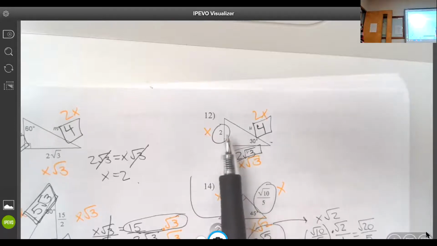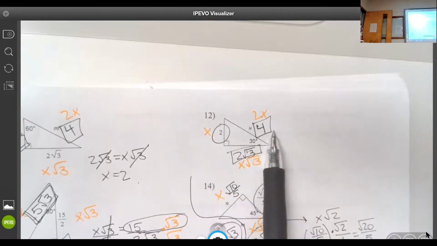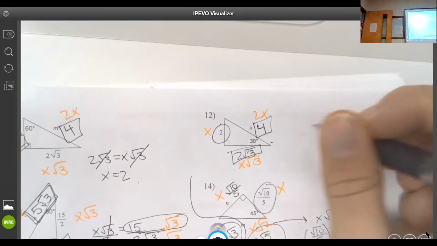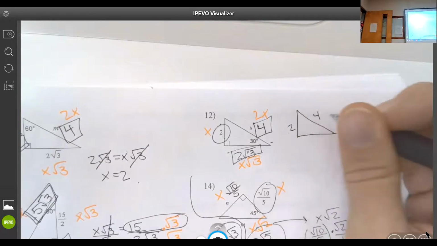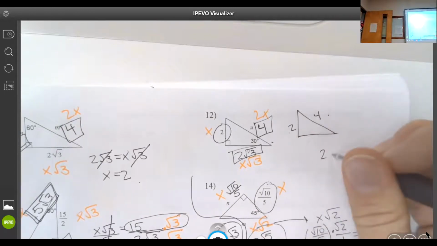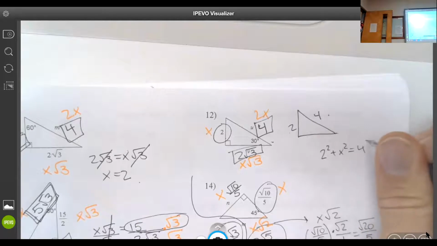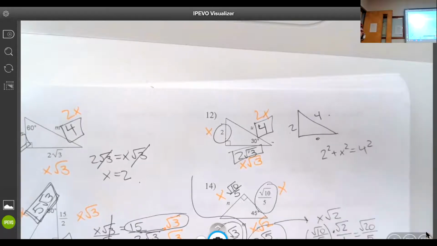If I end up using my special rights to find one other side, I could technically then switch to Pythagorean theorem. Like if I had gotten this one here, and I knew that that was 2 and that was 4, I could say 2 squared plus x squared equals 4 squared and find this last side. If you really get stuck on one of the sides for the special right. Once you have 2 sides, I could flip over to there, but ideally we just use special rights on those triangles.